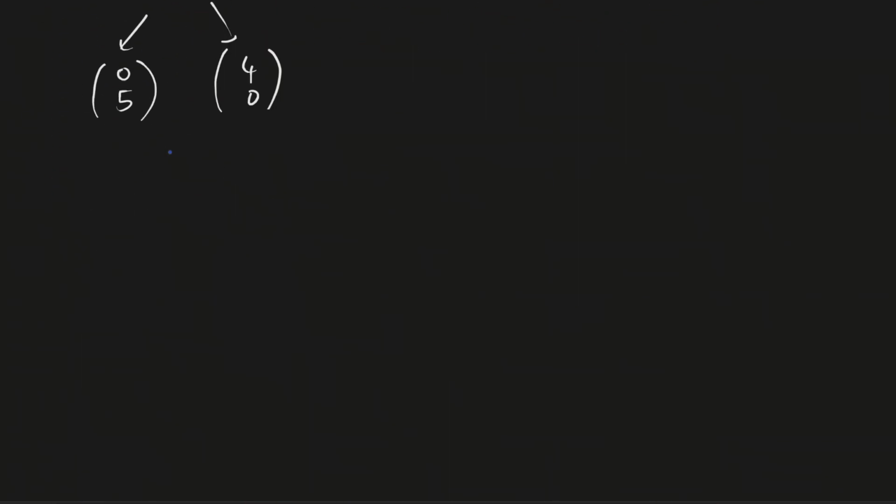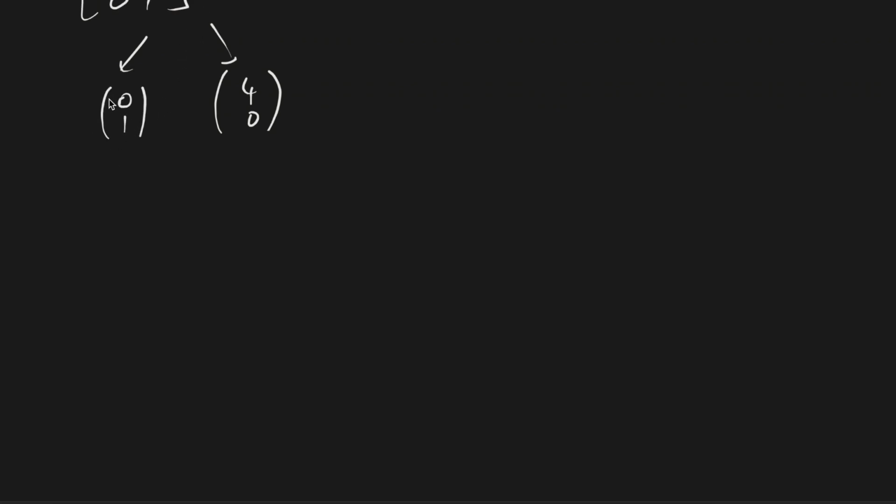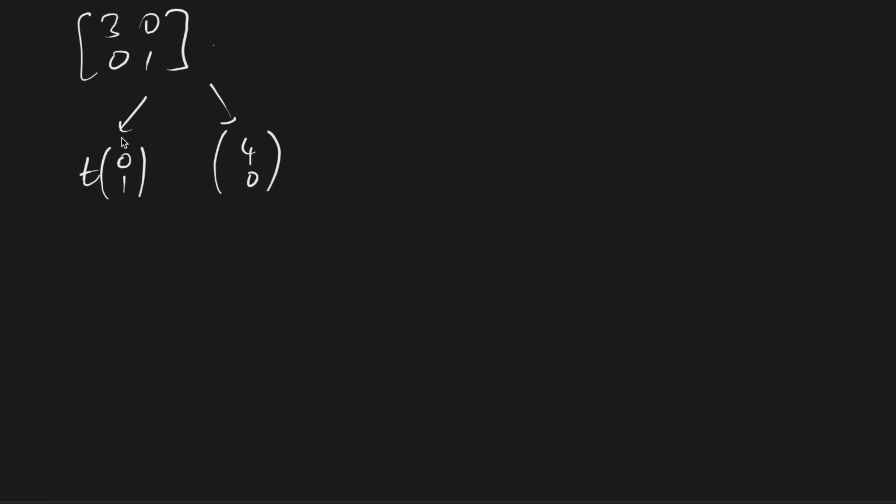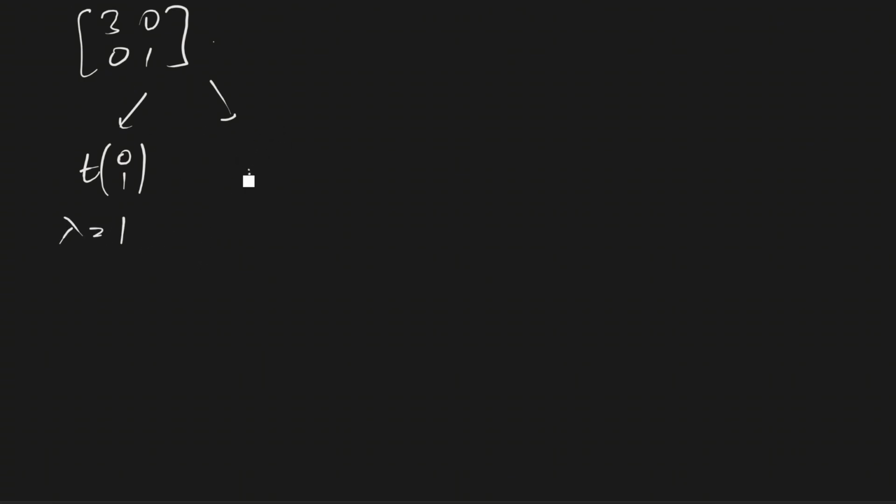Okay, so as a case which constitutes everything, I can just say any multiple of the unit vector 0, 1 is basically an eigenvector of this matrix with eigenvalue 1. And similarly, any multiple of the horizontal unit vector 1, 0 is an eigenvector of this transformation matrix with eigenvalue of 3.